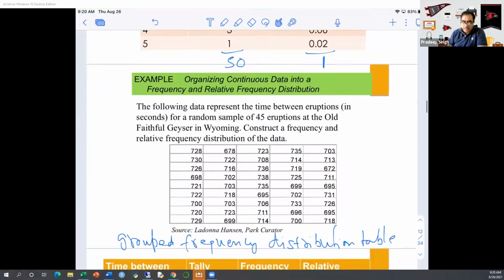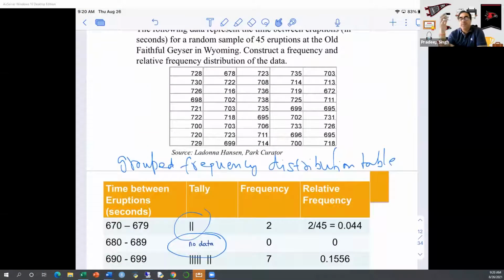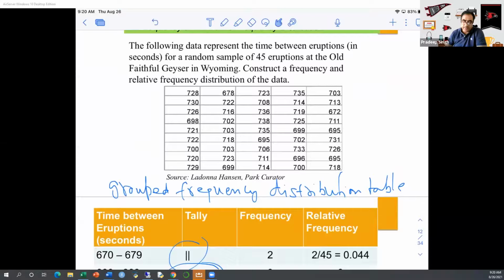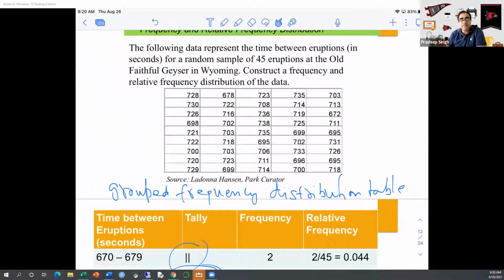But in reality, you will have data which will have a large number of values. When I say large number of values, not in terms of total number of values, but the values it can actually take. So even though there are 45 data values, the range is a lot, so you have so many different values.